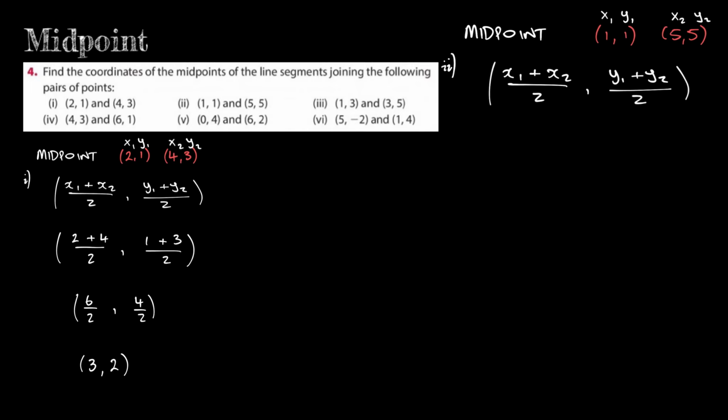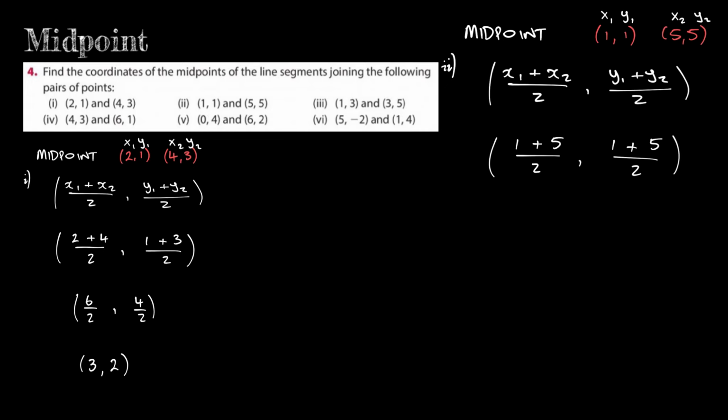So I start there by opening my bracket. I've got x1, which in this case is 1, plus x2, which in this case is 5, all divided by 2. I've got y1, which in this case is 1, plus y2, which in this case is 5, all divided by 2.